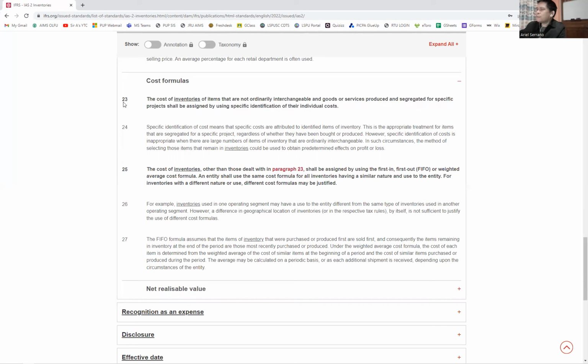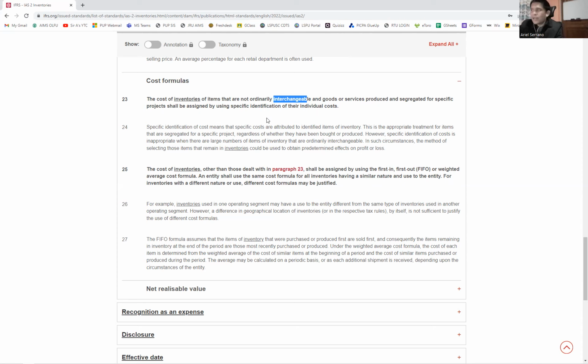So in this paragraph 23, we are introduced to the term specific identification method. We use this when an inventory cannot be mixed with others, we cannot interchange it. For example, the project is specific, segregated, a special project, custom made. So we can use specific identification. When we say specific identification, the cost can be identified and related to that inventory.